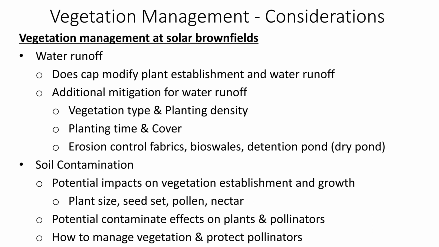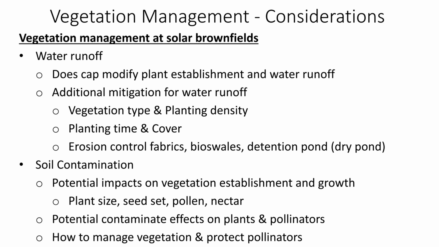So thinking about modifying the types of vegetation you plant at the site, thinking about increasing planting density or cover. You may need to modify your planting time, as well as think about using some type of cover crop or nurse crop, as well as incorporating erosion control fabrics to the site. If you happen to have a lot of water runoff and soil erosion, you may even need to consider bioswales or detention ponds for your solar site.